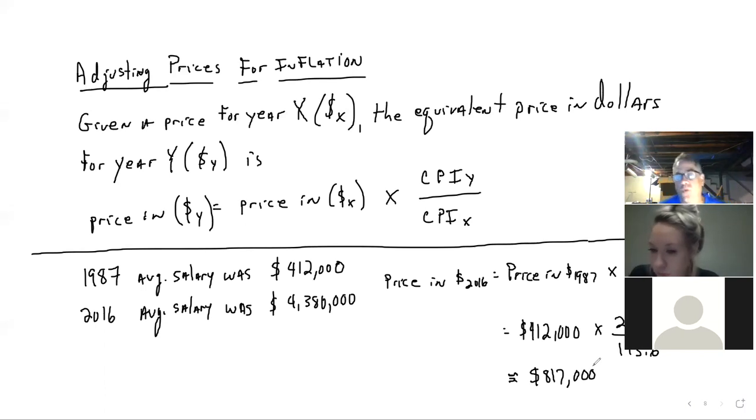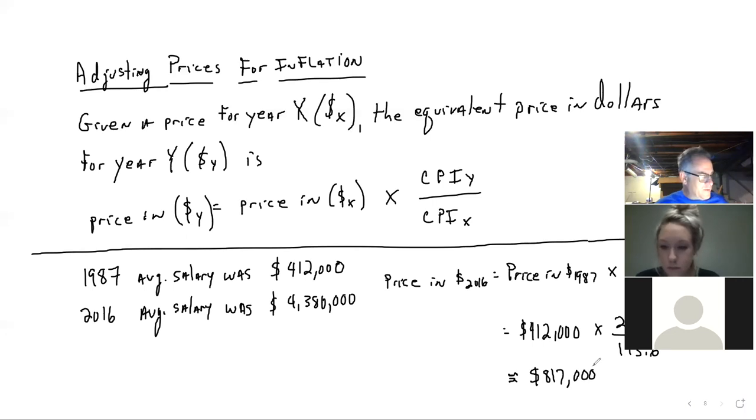So what are we saying? We're saying that if we just factored in inflation only, then the salary in 1987 of $412,000 should be about $871,000. What is the average salary? $4,380,000. It increased way more than inflation. Great work if you can get it. It is not easy.